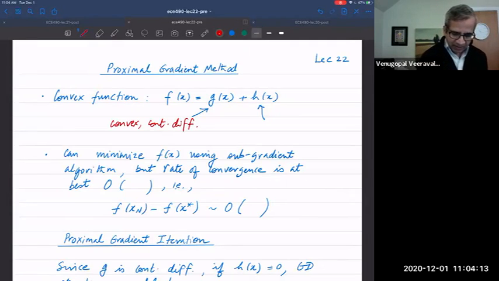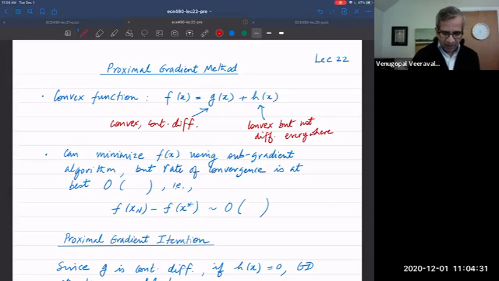The regularizer may be convex. Typically it's convex, but may not be differentiable everywhere. So subgradients exist because it's convex. We'll talk about this in a little more detail towards the end of the lecture.